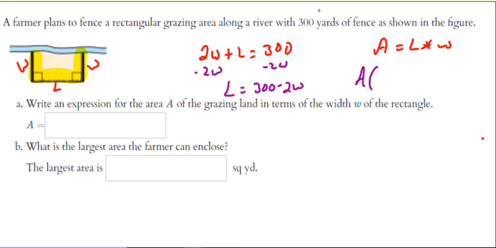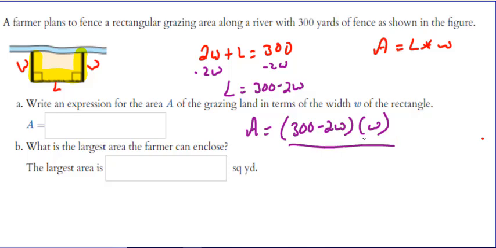So the area would be 300 minus 2W times W. That's the expression for the area. You could also have done W times 300 minus 2W. That's fine. Either way is fine.